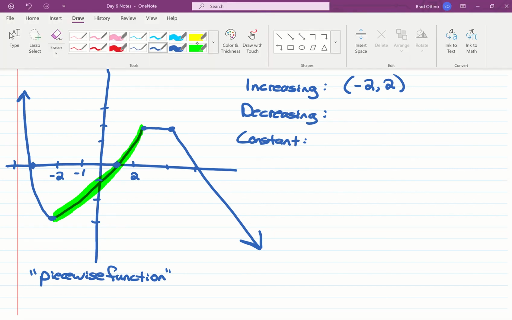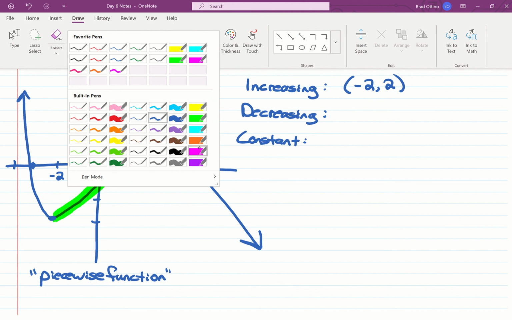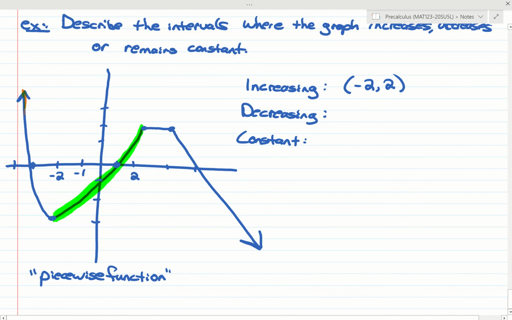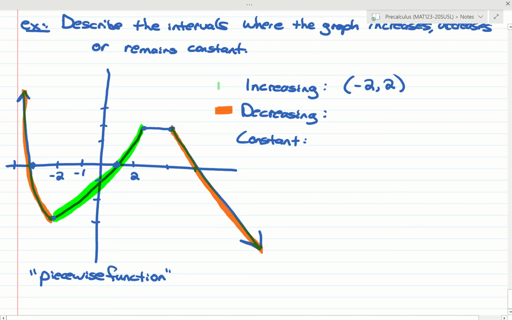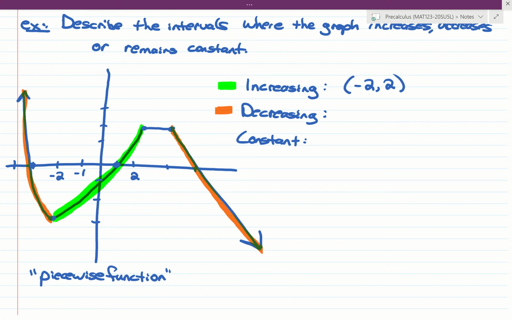When's the graph going down from left to right? Okay, well, looks like if we start here, the graph's going down. And then right here, the graph looks like it's going down. Just do a little color coordinating so you know what parts of the graph correspond with our intervals.